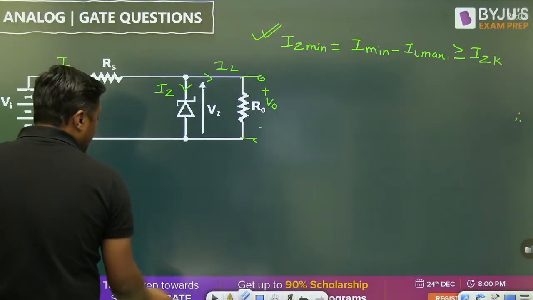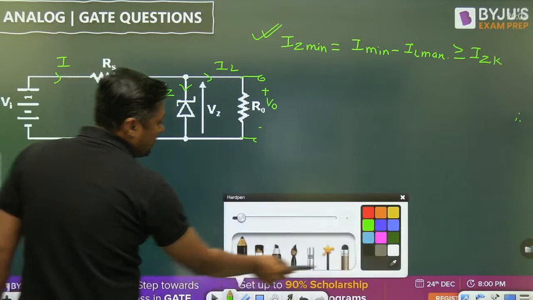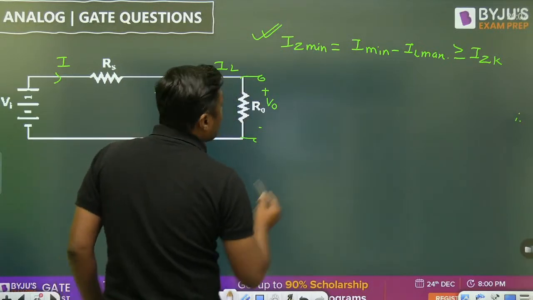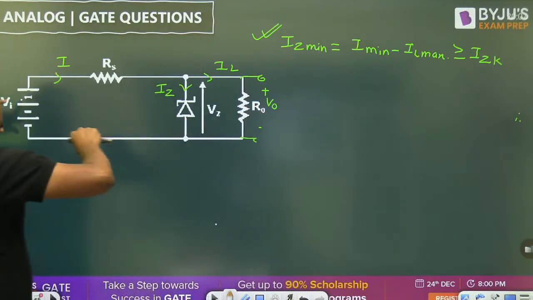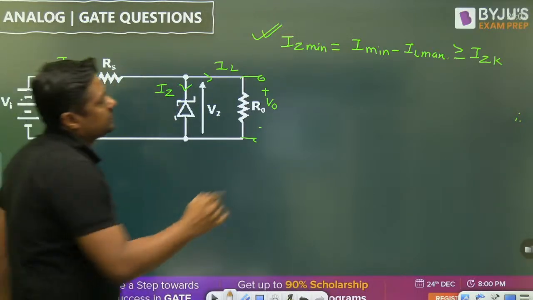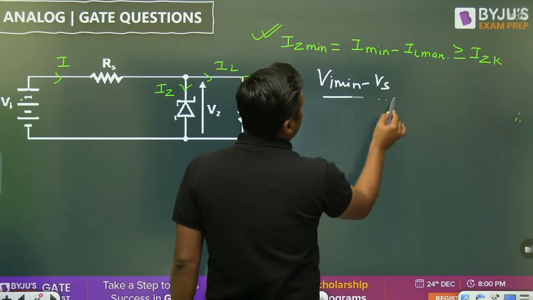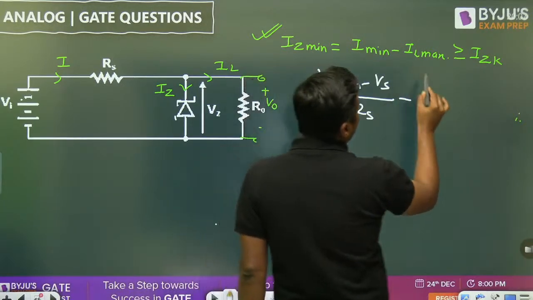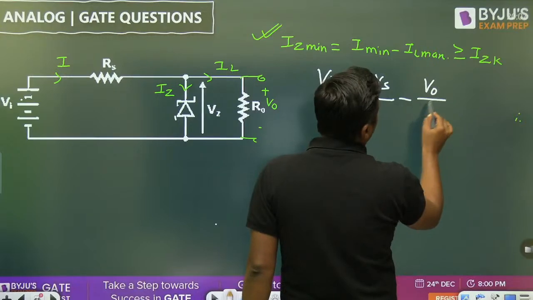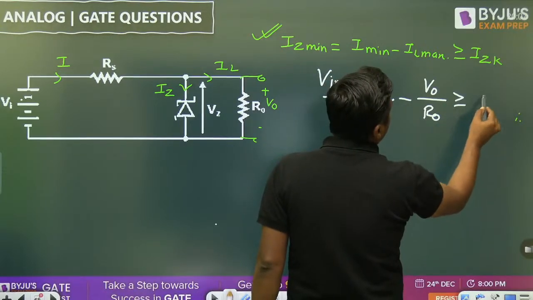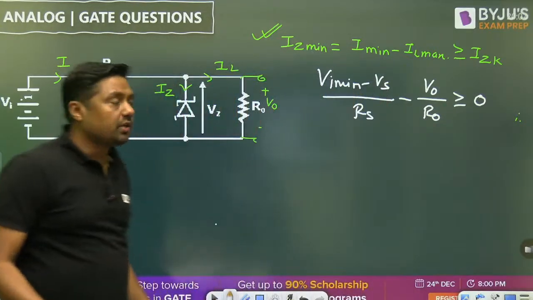What is I minimum? VI minimum minus VZ upon RS. IL maximum means V0 upon R0. It should be greater than or equal to 0 because IZK is not given in the question.